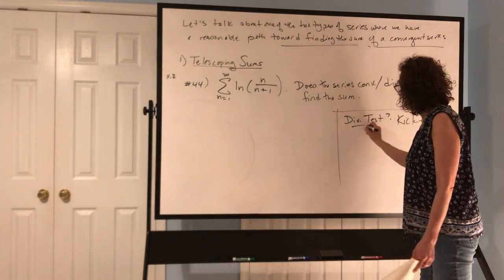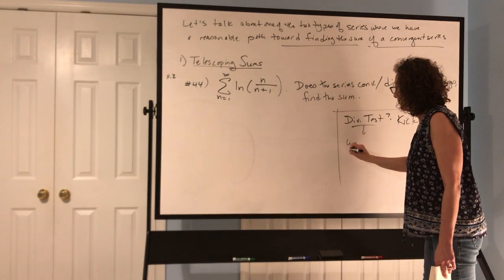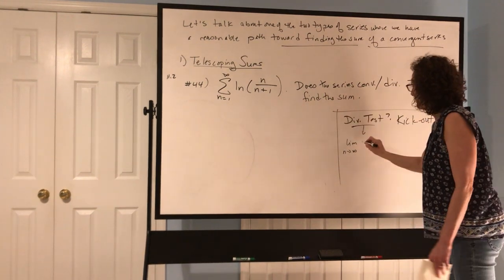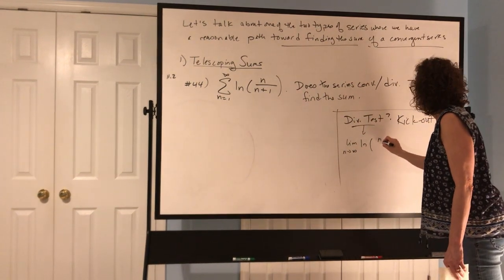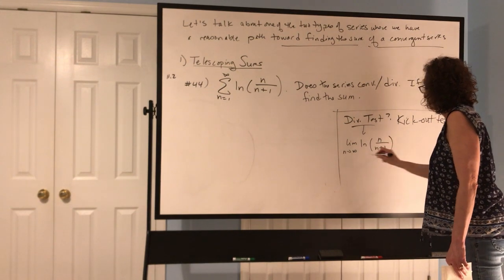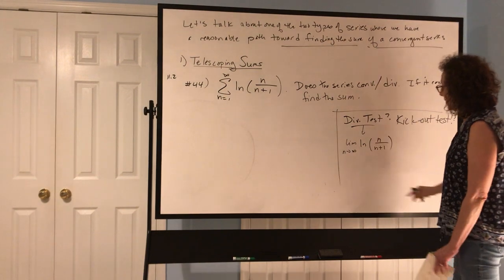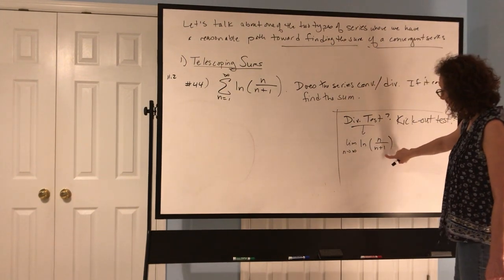Well, what we need to do, the divergence test said take the limit as n goes to infinity of our guy sitting there that generates n over n plus 1. Don't have to think about anything, just take the limit. I've got the limit of the natural log of stuff.